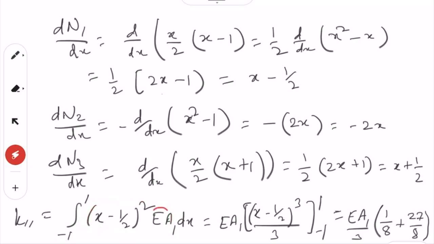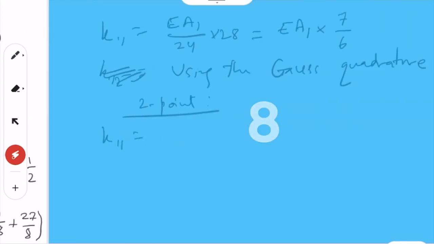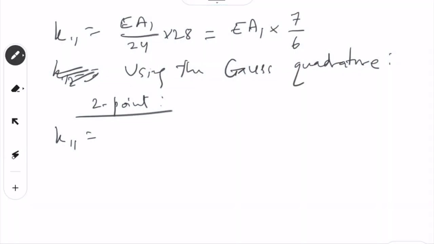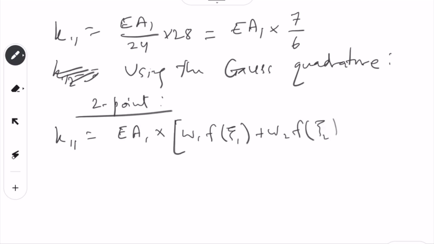EA1 is common, so we can take it out: EA1 multiplied by W1 F xi1 plus W2 F xi2.